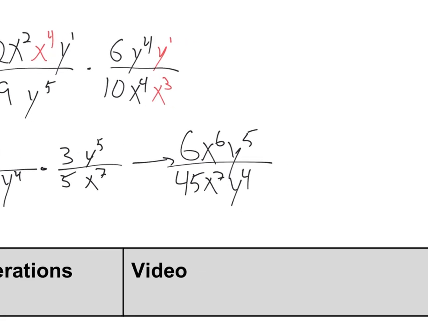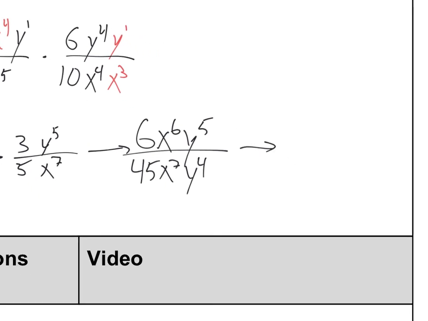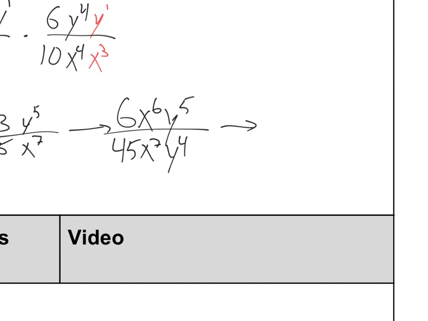And now we simplify again. 6 over 45 is a fraction. They share a common factor of 3. So I can reduce them down by a factor of 3. That would be 2/15. I've got 6 x's up top, 7 down below. If I canceled them away with one another, there would be 1 x left over in the bottom.